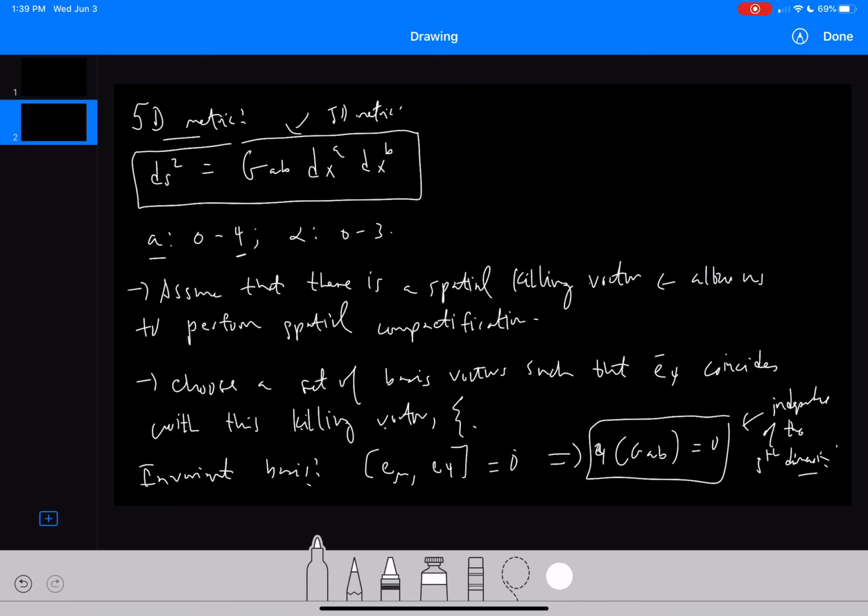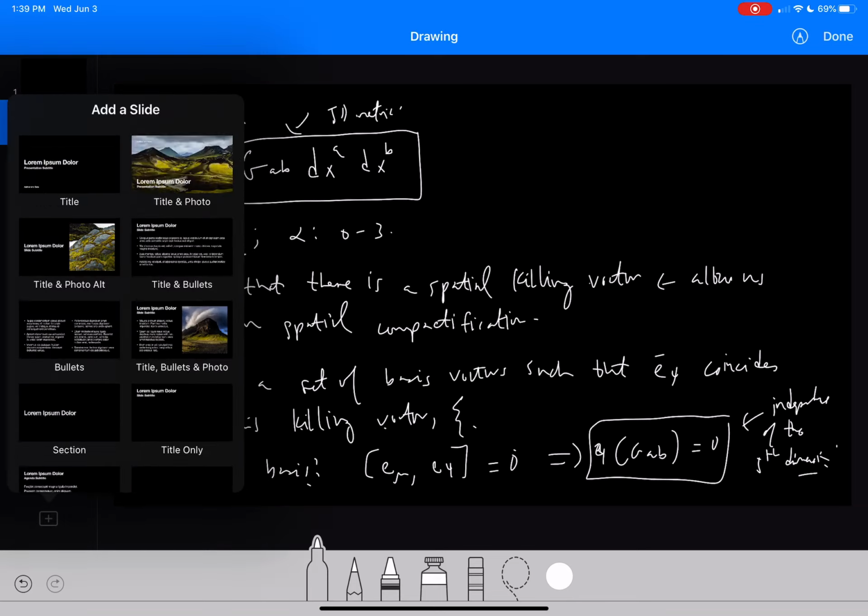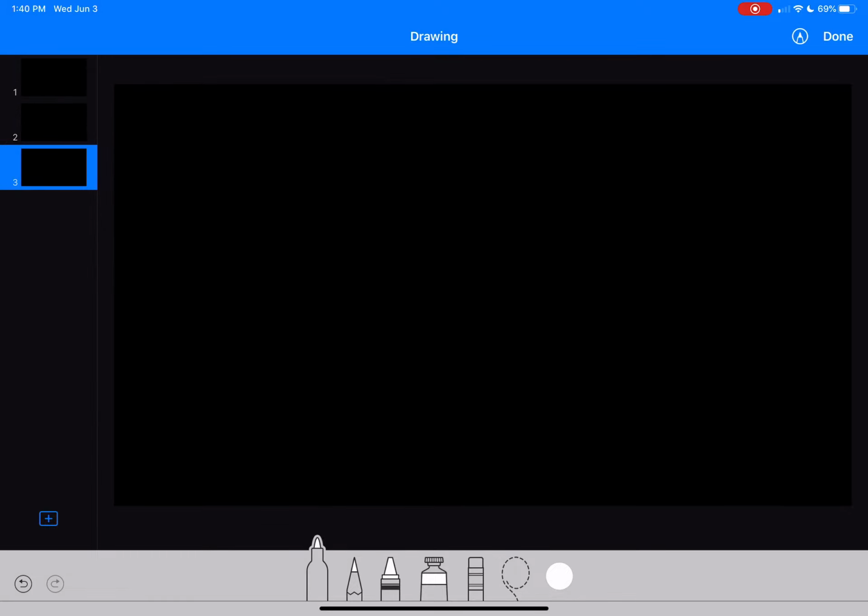And in general, these relations imply that E_mu dot E4 is equal to G_mu4. Just a relationship that we will make use of.